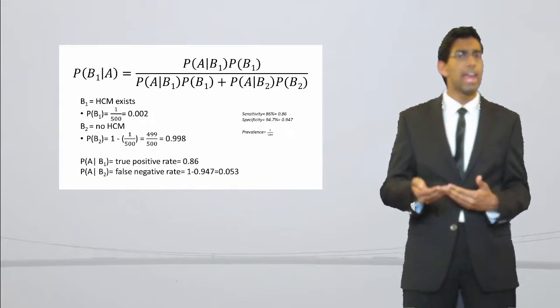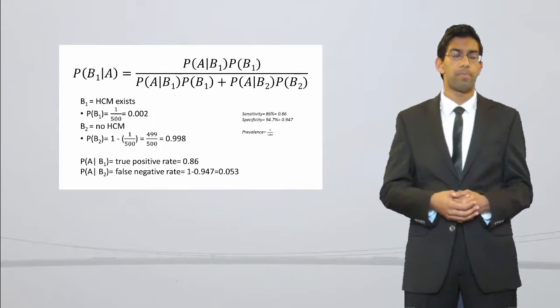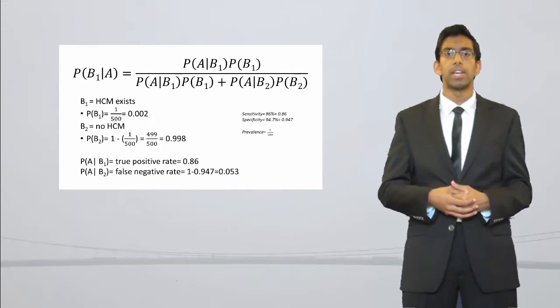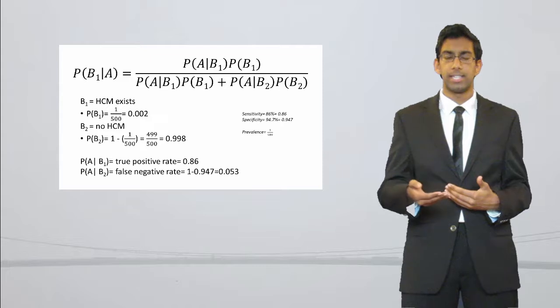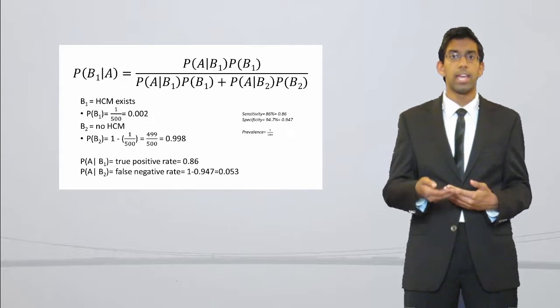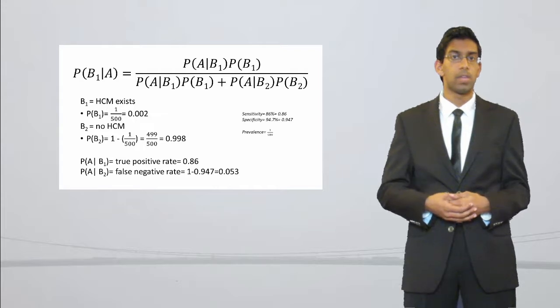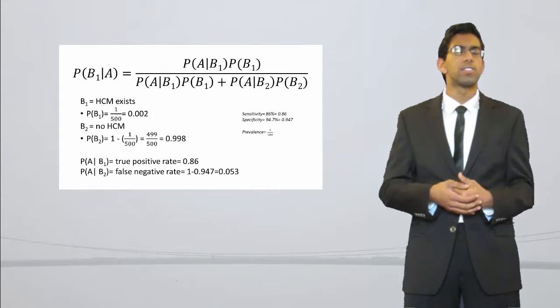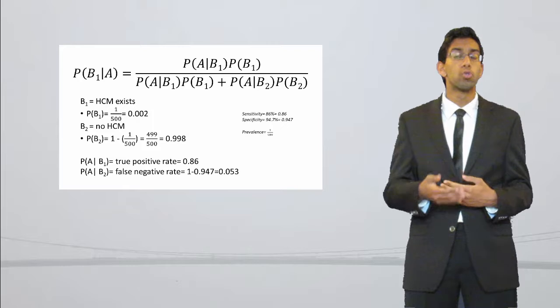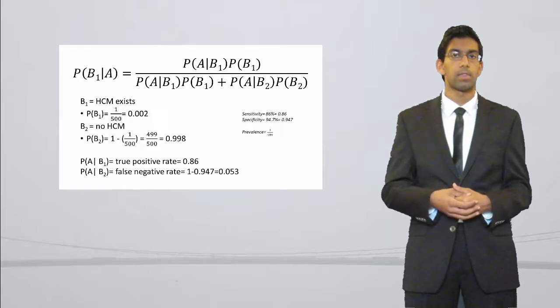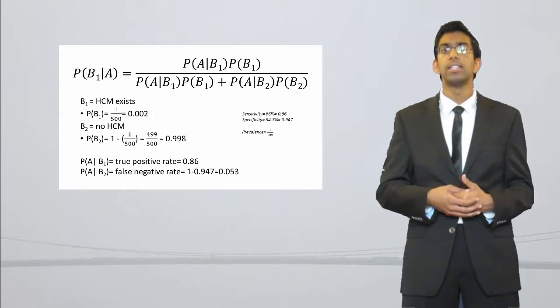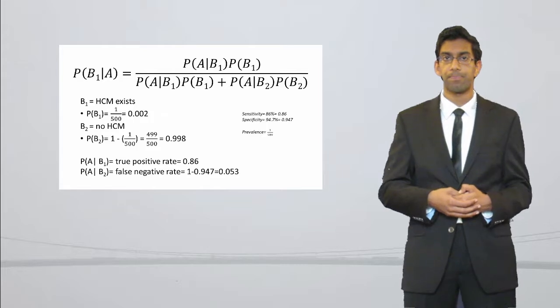What does P(A given B1) stand for? That represents the probability that a test is positive given the fact that the disease actually occurs in the patient. This, in other words, is our sensitivity rate, the true positive rate. Based on our numbers, this is 86%.